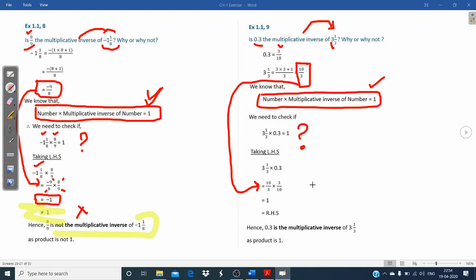Its multiplicative inverse will be 3 by 10. So everything will cancel out, and the final answer we get is 1. We need to get 1 only, which is equal to the RHS. So we can say 0.3 is a multiplicative inverse of 3 1 by 3, because the product is 1. Previously we were not getting the product 1. That's why 8 by 9 was not the multiplicative inverse of minus 1 1 by 8.